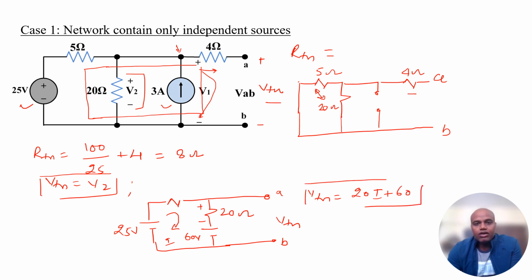I can easily find I, which is the total voltage in this loop, 25 minus 60, divided by 25. So I is equal to minus 35 divided by 25. This shows that the actual current direction, instead of clockwise, will be anti-clockwise, and it can be easily seen that the 60 volt source is more than the 25, which has the opposite polarity in this circuit. So this is case 1.